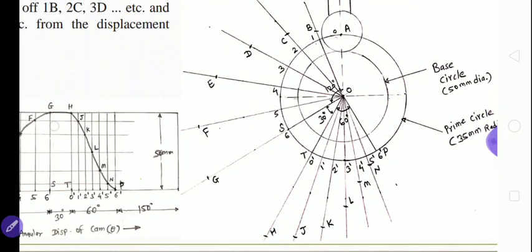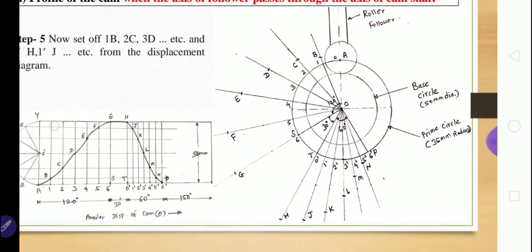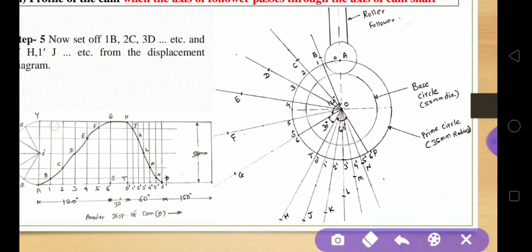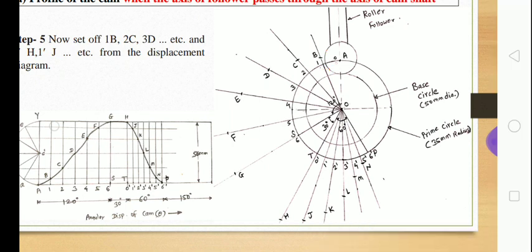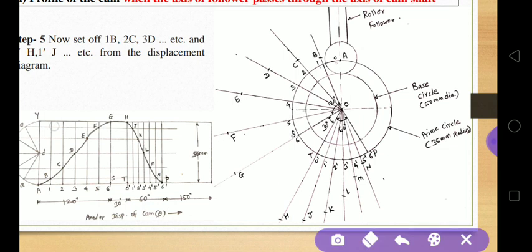So here, whatever lines you have extended from these points, from this first point, on this extended line we will mark here the distance B1, so that we will get the B point.